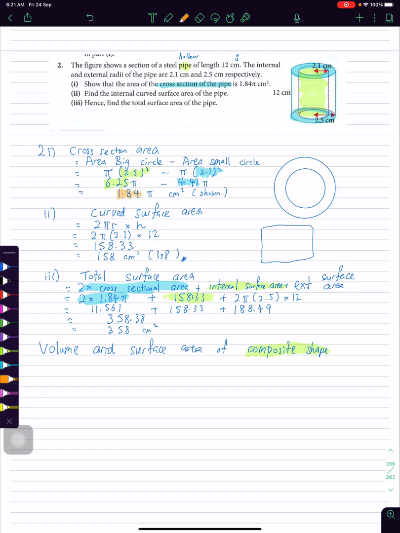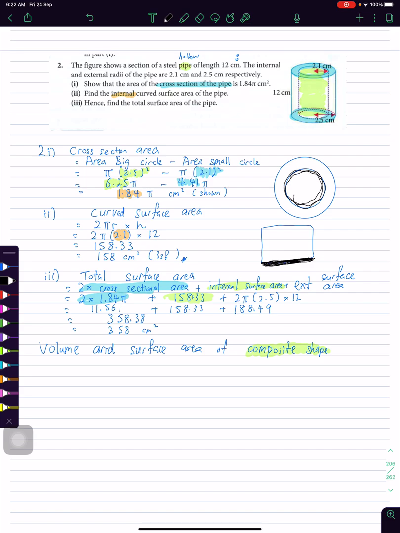Okay, so again, curved surface area, now they want internal. So internal means I only take the radius as 2.1. So just take note. So again, the curved surface area is talking about the length, here, and the length here, if you recall again, the length here actually represents the circumference, right? The circumference.